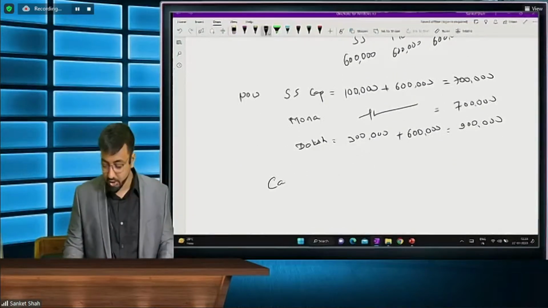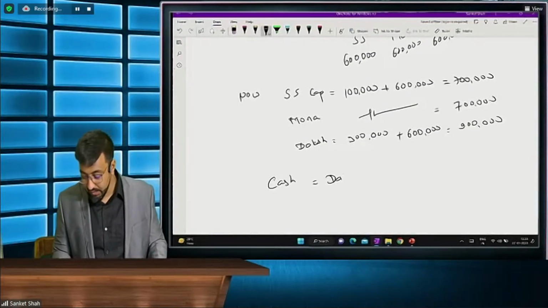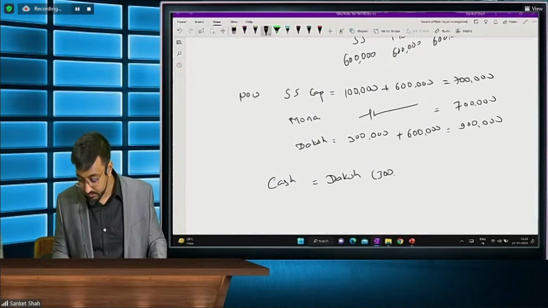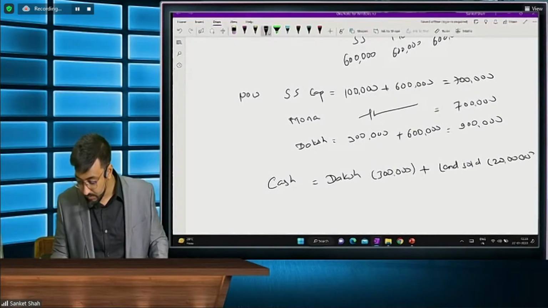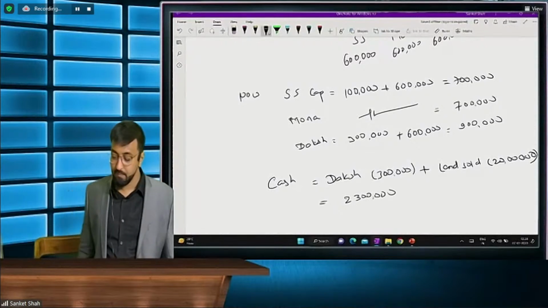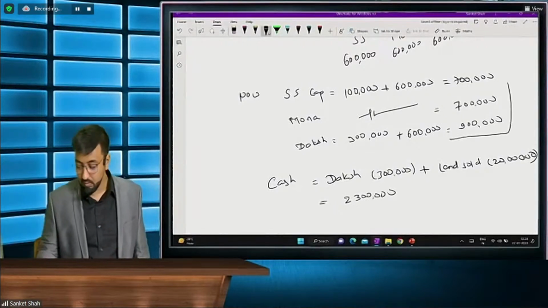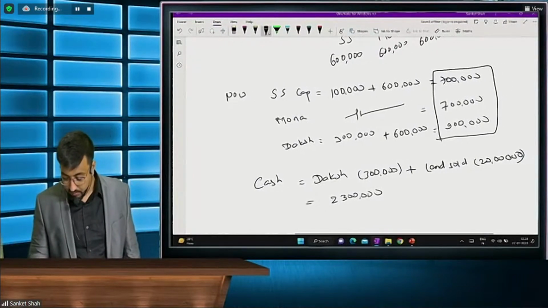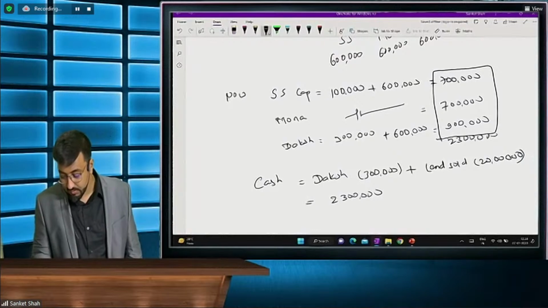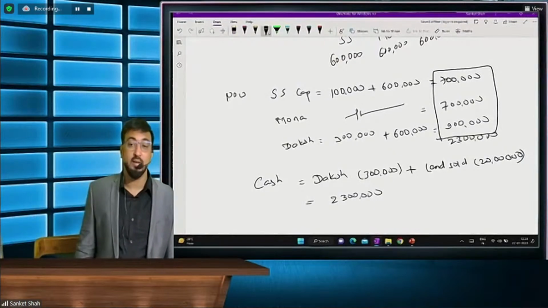And Daksh's cash, 3 lakhs plus land sold for 20 lakhs. So cash 23 lakhs. देखो, capital is also 23 lakhs and cash is also 23 lakhs.